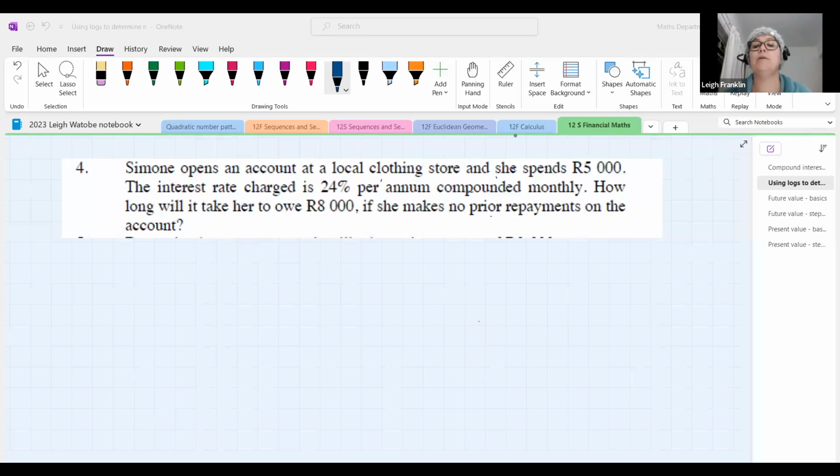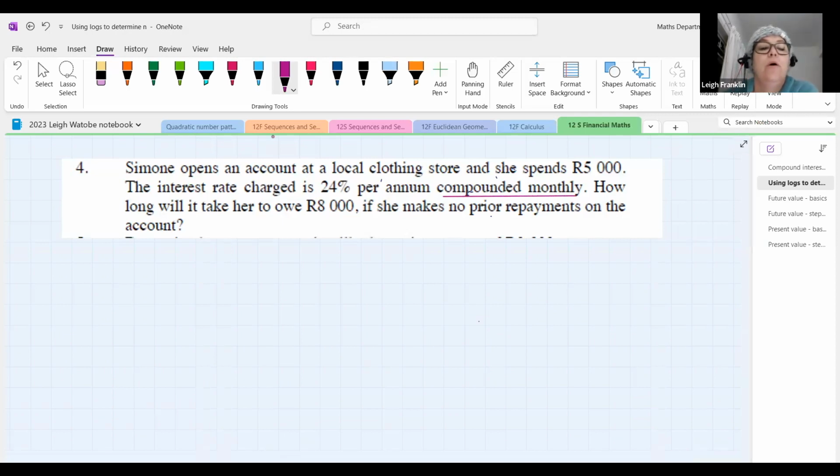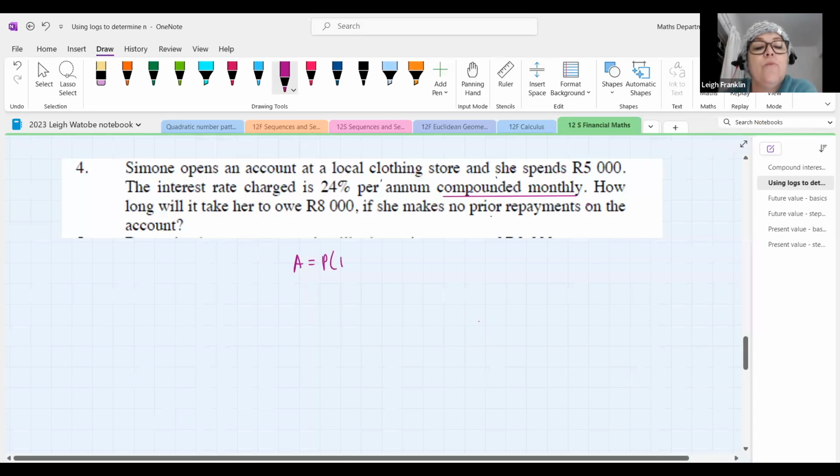There we go. Compound interest. Good. I agree because it says here the interest rate is charged 24% per annum, compounded monthly. Lovely. All right. So we've got A equals P(1 plus i) to the power of n.